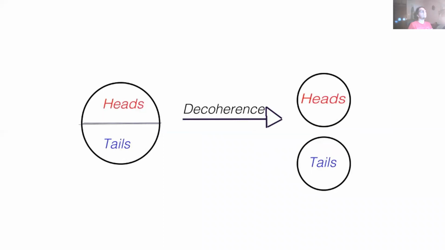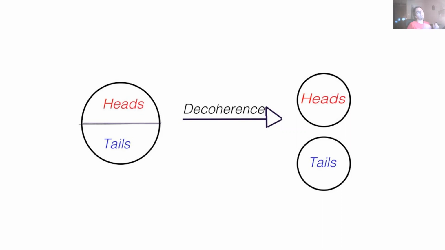This is basically how it looks when we lose our information in our qubit. At the beginning you have both probabilities, heads and tails. So you can measure your qubit. It can come heads, it can come tails, it can come heads, it can come tails.